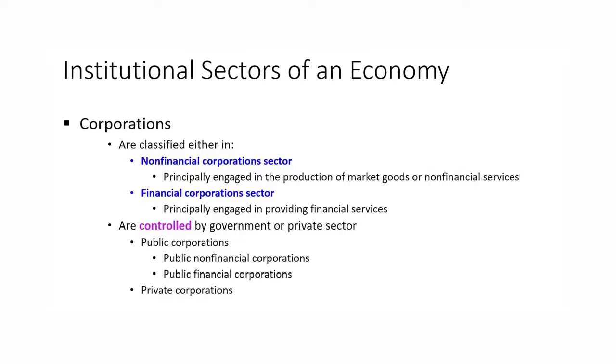We have public corporations, for instance, among non-financial corporations, which are government industries like electricity production in some countries or water. Or we have also public financial corporations, which are government banks or insurances. And then we have the vast majority of private corporations.